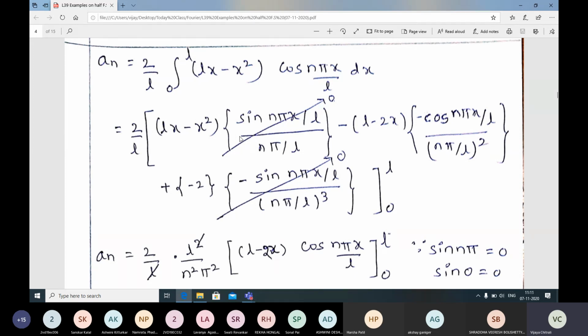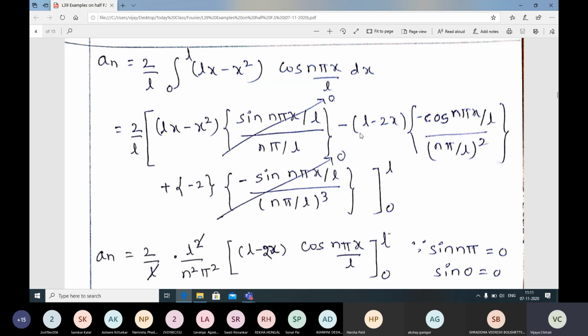Next, integration of sin is minus cos n pi x by L divided by n pi by L raised to 2.